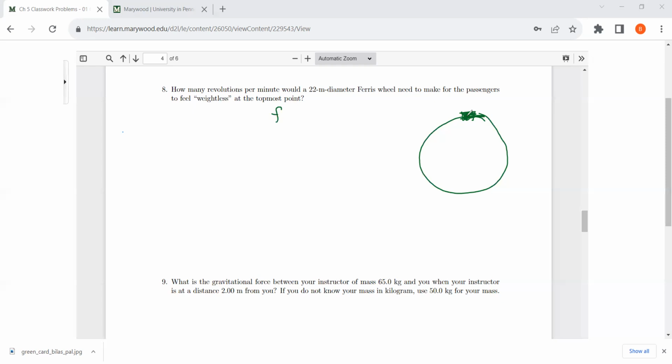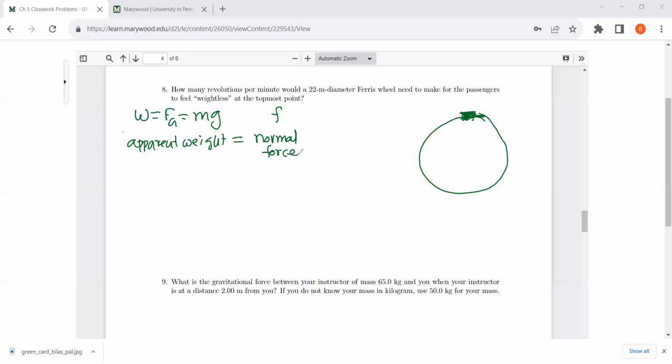In the last chapter, when we solved the elevator problem, if you remember, true weight means the gravitational force, but the apparent weight means the normal force.